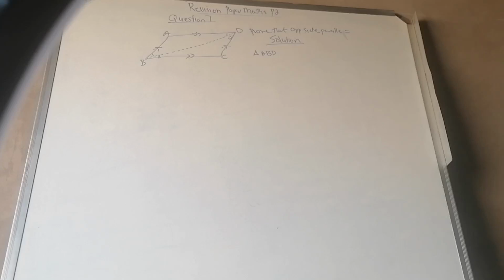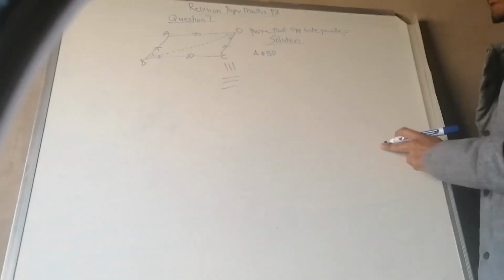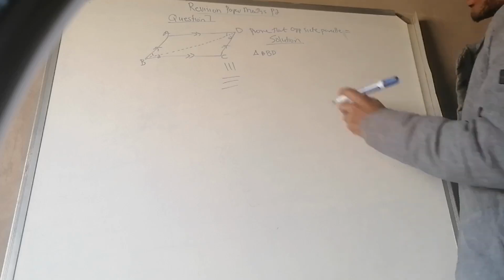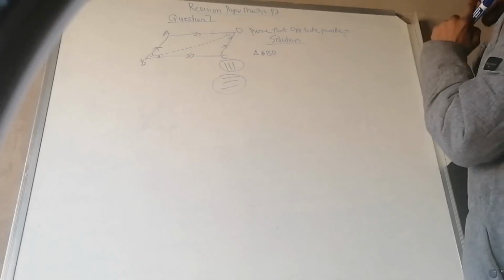If they are similar, the ratio of sides are equal. If they are congruent, they have exactly the same size and exactly the same shape. For congruency, are we using this or are we using that? This will denote similarity and this will denote congruency.